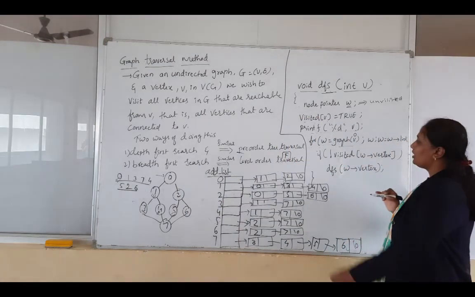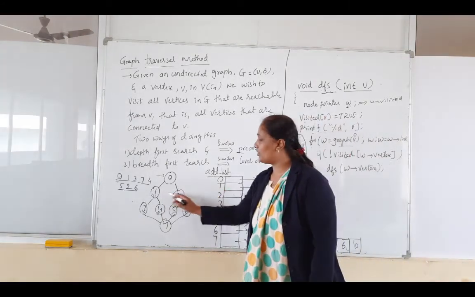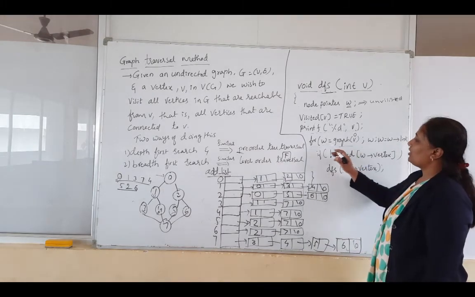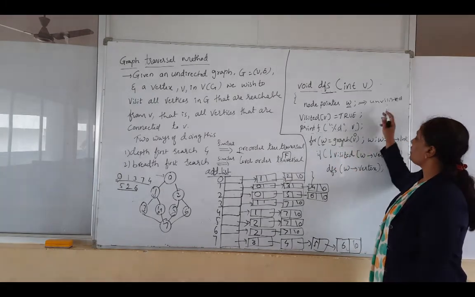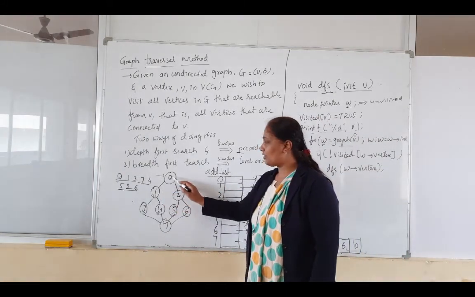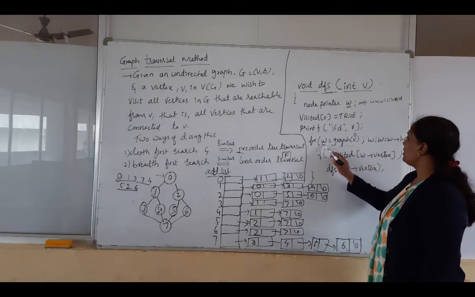Graph of 0. Okay. So graph of 0 means you are going to check the connected vertices of vertex 0, and that you are going to assign to W. W is what? Unvisited. Okay. So you are going to check the connected vertices of 0 which are unvisited. That value you are going to assign to W.